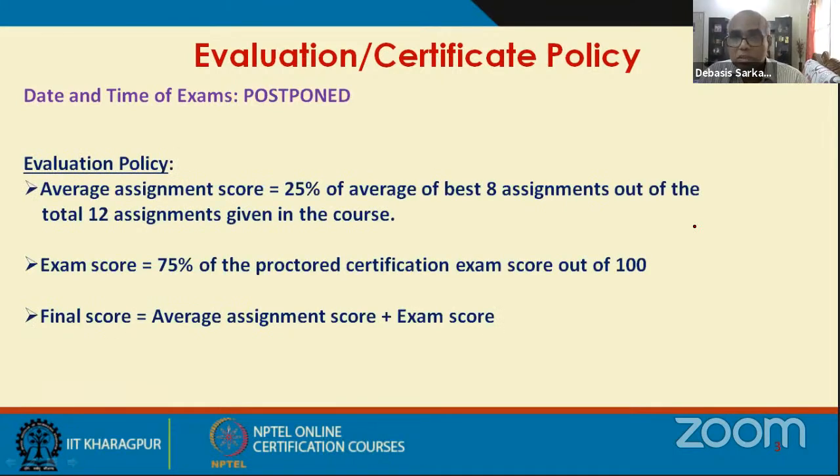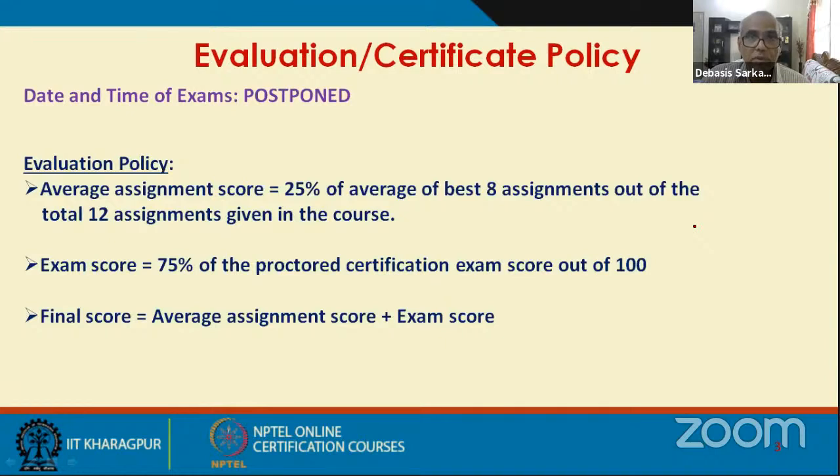The evaluation policy will be valid only as and when this situation improves and when you write the exam. These are available on the website, so be aware of this. We have already said this in our previous live session as well. The final score is average assignment score plus exam score.